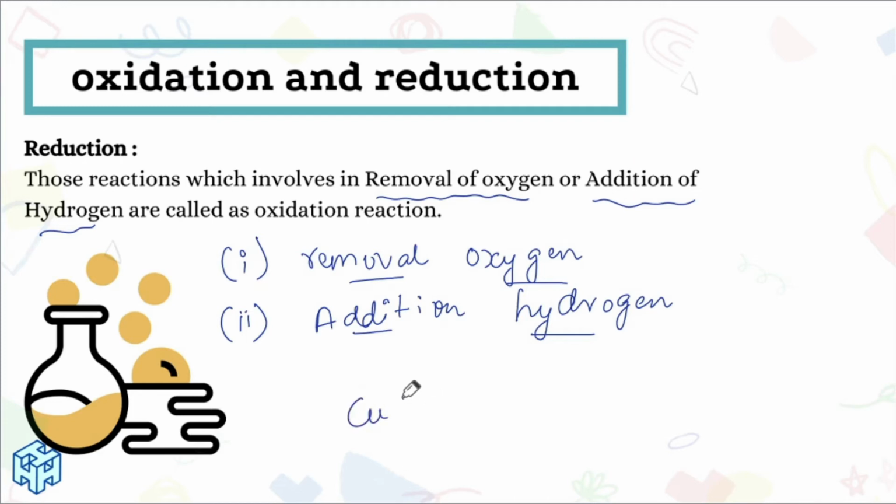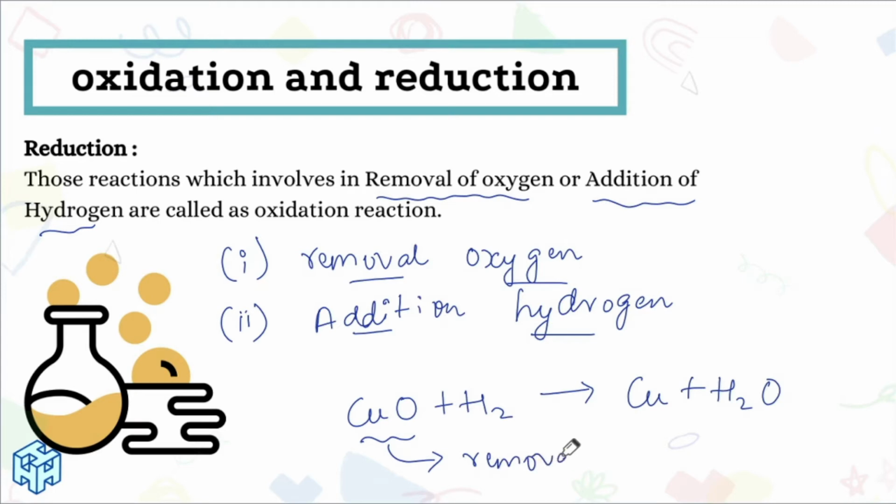CuO plus H2, if we heat it, we get copper plus H2O. What's happening? We are removing oxygen. Removal of oxygen is called reduction.